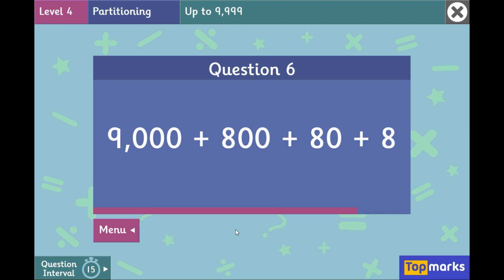Question 6. 9,000 add 800 add 80 add 8. Question 7. 3,000 add 800 add 90 add 2.